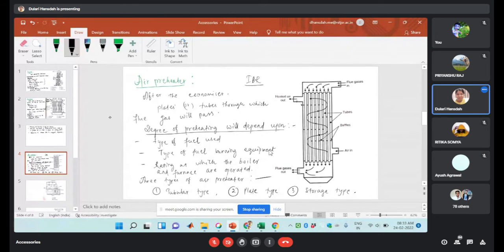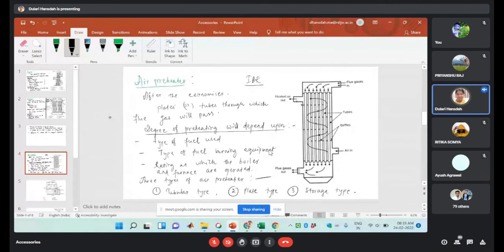In this case, the air will travel in the opposite direction. This is the travel of the air. Here is the air inlet, and on the other side heated air will be supplied to the furnace. The air will take the heat from the flue gases, and that hot air will be supplied to the furnace.